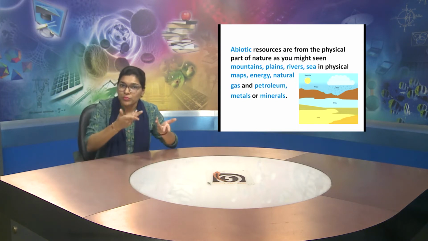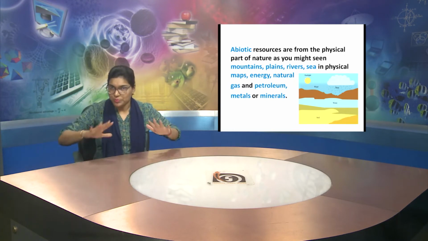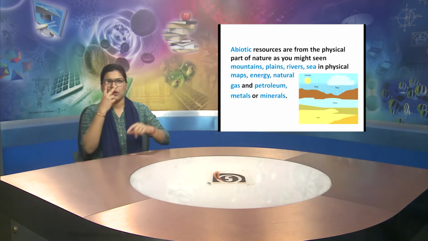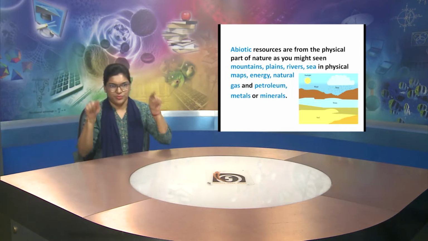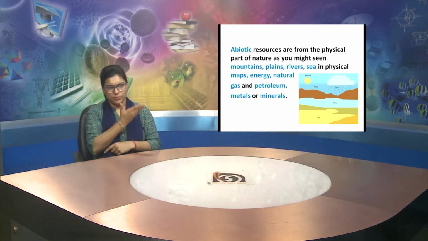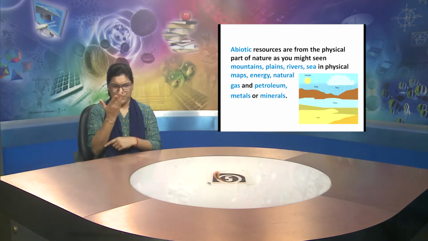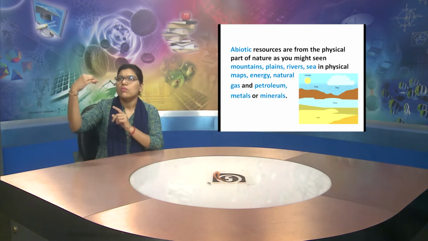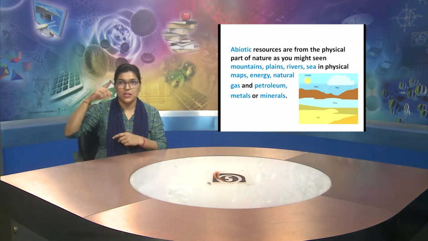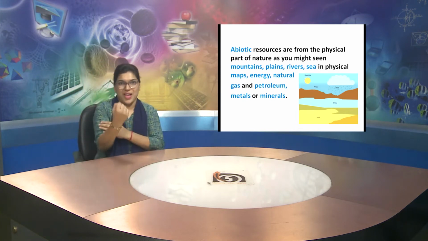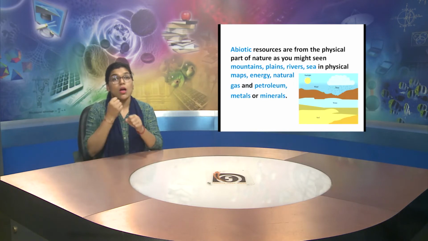As you might have seen in some natural places like this. In the image, you can see on the screen all these abiotic resources. There is a map, and the sunlight is very strong, which is coming onto the earth, and also the gas is available.